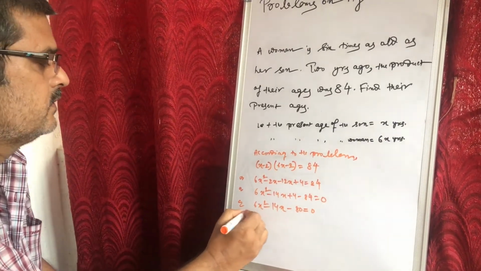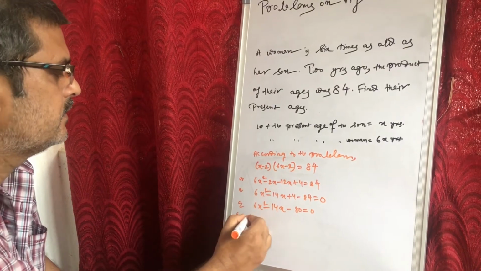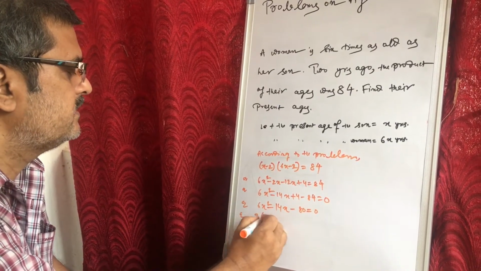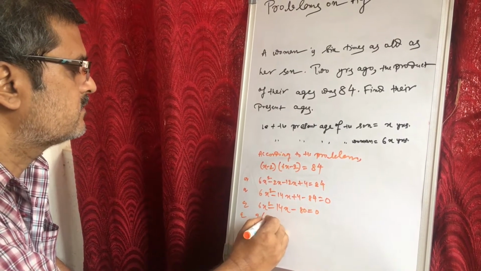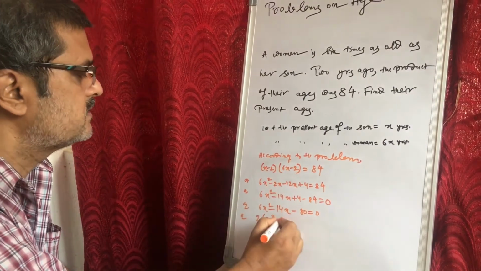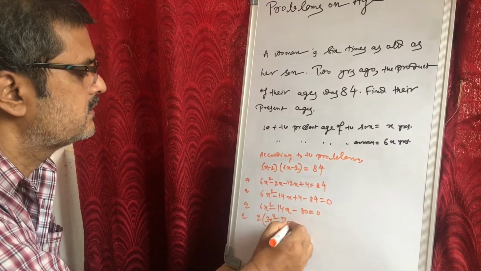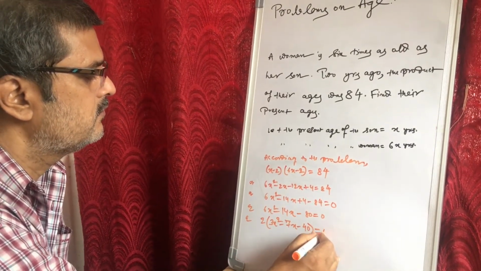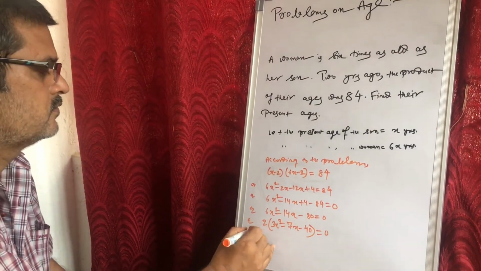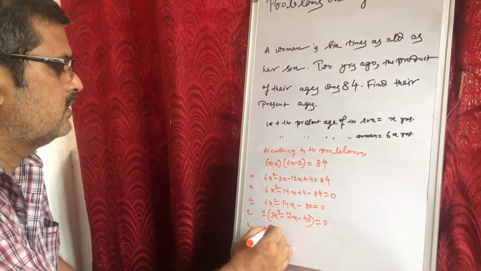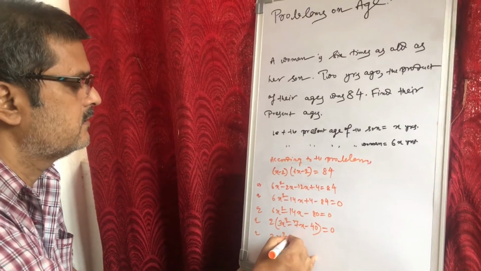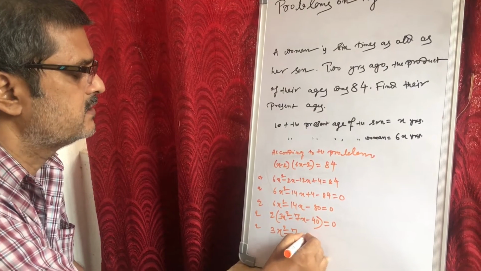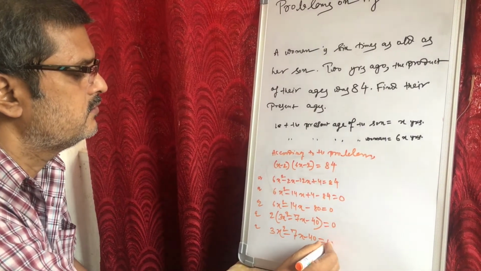Now taking 2 as common, what will this be? It will be like this: 3x square minus 7x minus 40 is equal to 0.